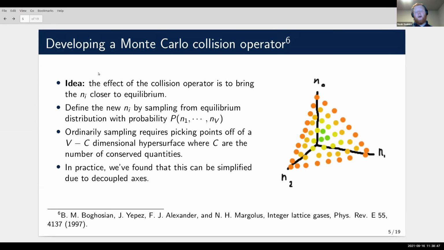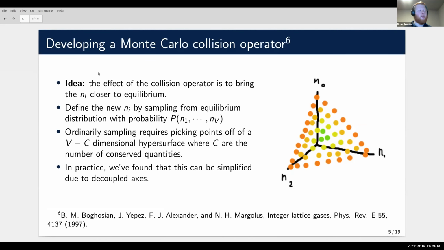And the idea, which was originally suggested by Bruce Boghossian, is that since the effect of the collision operator is to bring the Nis closer to equilibrium, we can define a new Ni for each collision by sampling from the equilibrium distribution locally. Now, the big reason that this is not something that's common to do is that the equilibrium distribution for these samples is of V minus C dimensions, right?